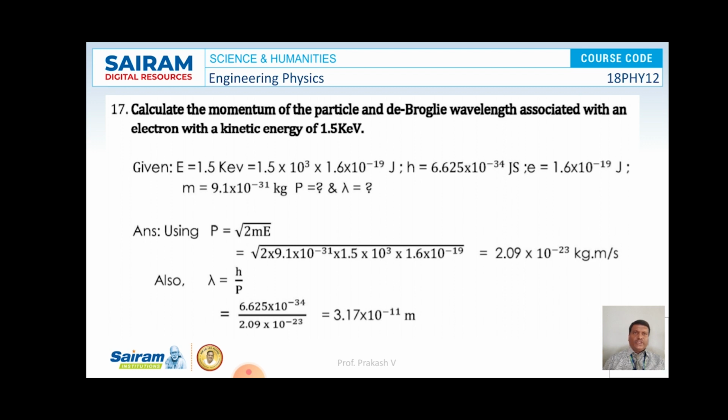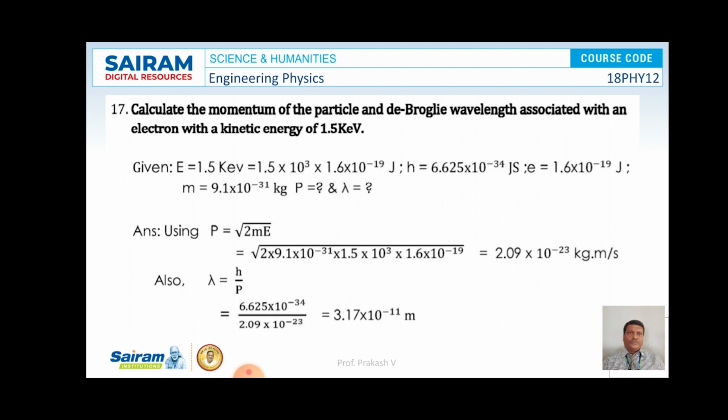So we know that momentum p is equal to square root of 2mE. So substitute the value of m and E here, that is square root of 2 into 9.1 into 10 to the power minus 31 into 1.5 into 10 to the power 3 into 1.6 into 10 to the power minus 19. Square root we have to take. So on simplification, the value of momentum p is equal to 2.09 into 10 to the power minus 23 kg meter per second, and the value of lambda is equal to h by p.